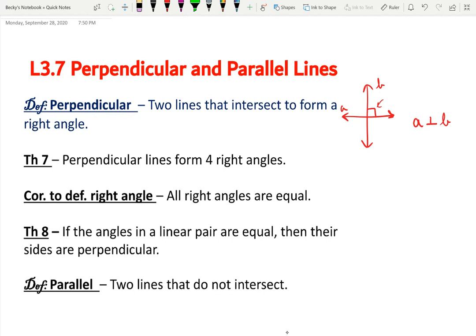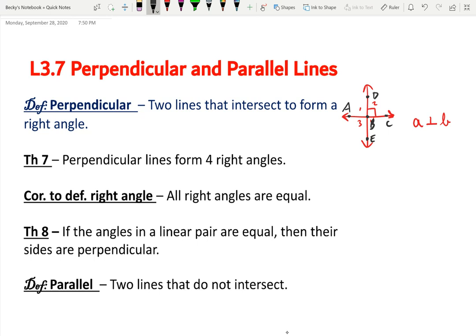Now, when you're looking at this, technically there are four right angles. 1, 2, 3, 4. And if I label this differently, we could name all of these angles. So if I label this A, B, C, D, and E, technically I could name four right angles.